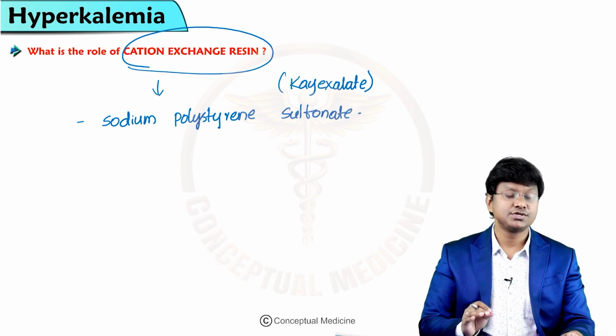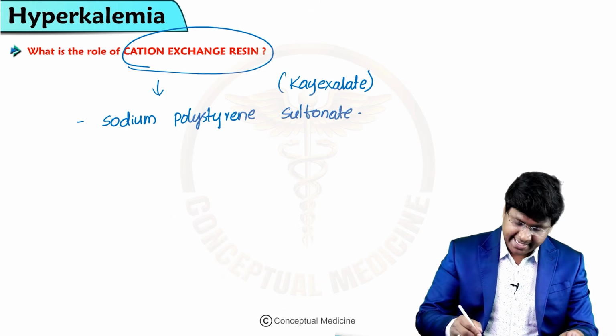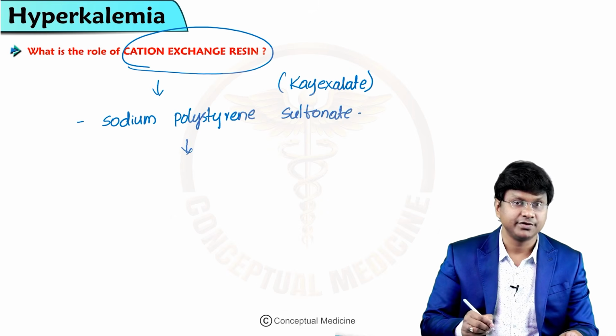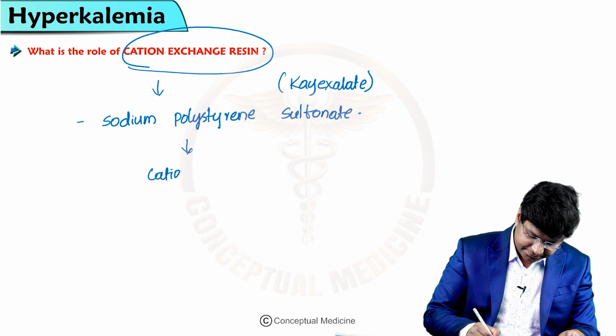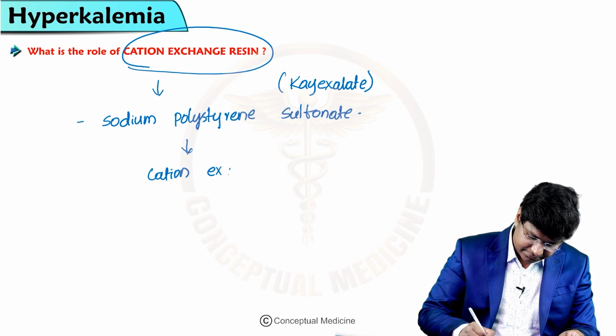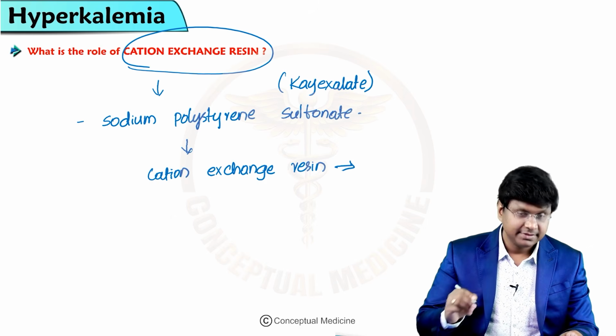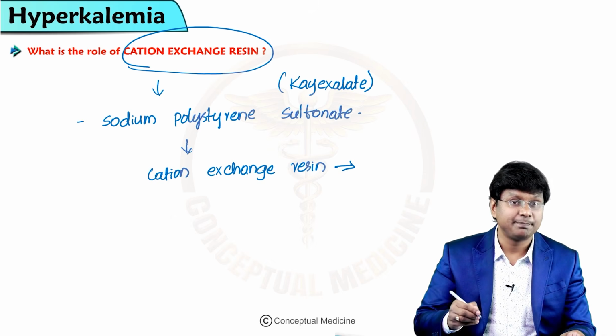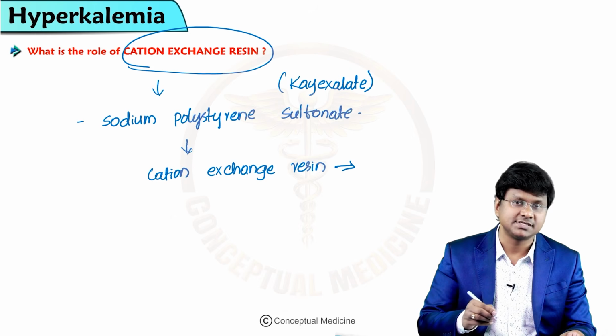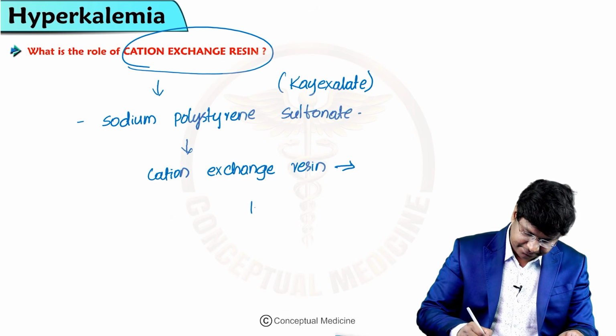Okay, so this is your sodium polystyrene sulfonate, and it is a cation exchange resin. Now, what this sodium polystyrene sulfonate will do is promote the potassium clearance across the bowel mucosa.